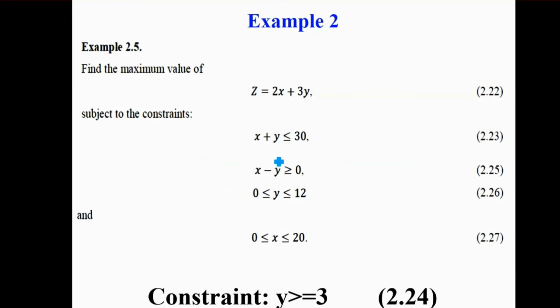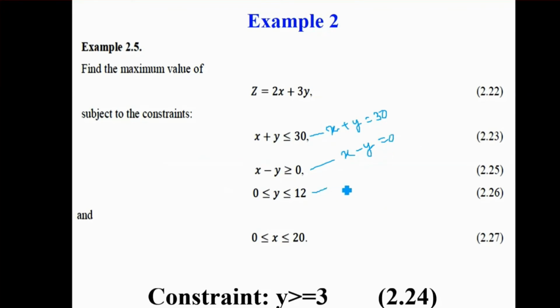Now what to do? From here the first equation I have to convert into x plus y equals 30. Now this will be x minus y equals 0, or simply x equals y.